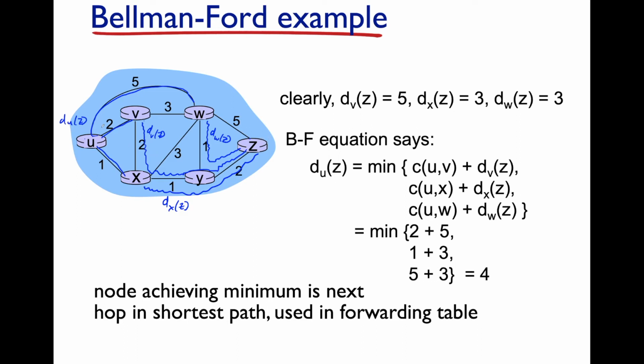And then lastly, we could go indirectly through U's neighbor W at a cost of 5, and then D sub W of Z, total cost of 3 to get to Z.